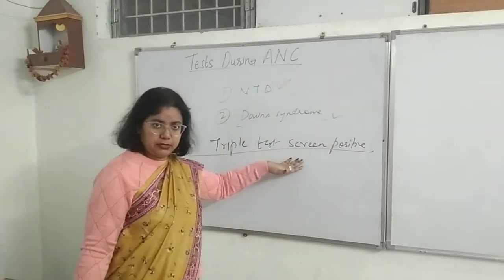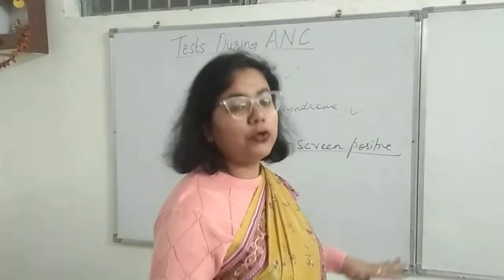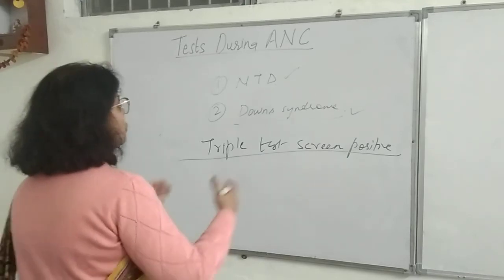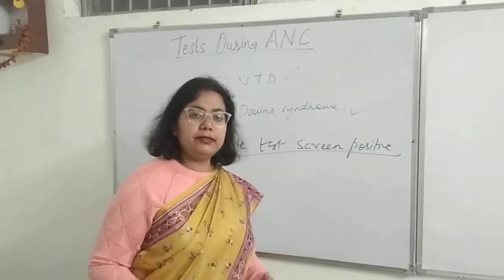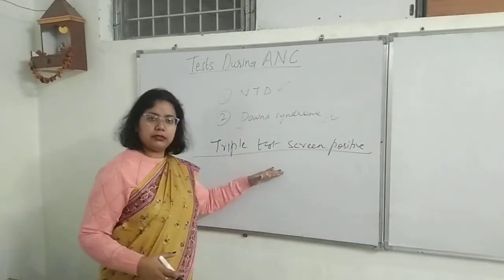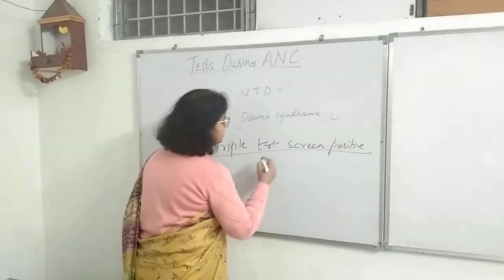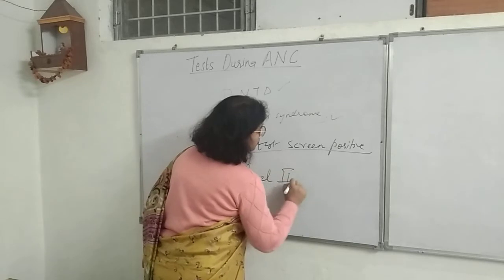Does this imply? No. If she comes screen positive, what you will be doing? You will be looking for other signs of NTD or Downs in her pregnancy, like you will subject her to level 2 ultrasound.